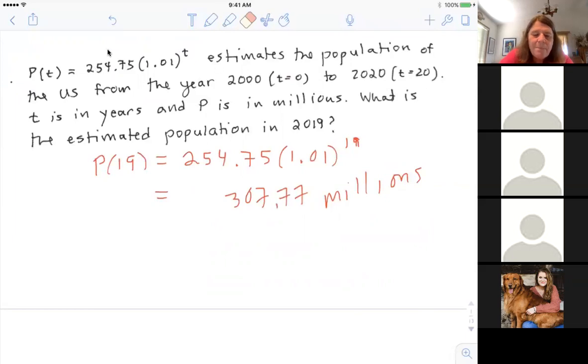But anyway. All right, so guys, all I did was say, okay, the year 2000 is t = 0, 2020 is t = 20. Estimate the population in 2019. All I did, and remember, you don't put in 2019 up there because we said t equals 0 is going to be 2000, 2020 is going to be 20, so 2019 is going to be 19.